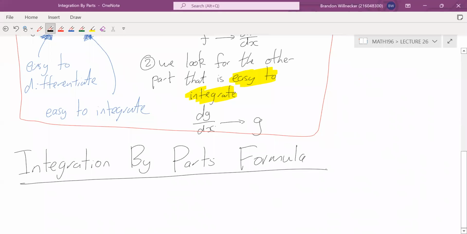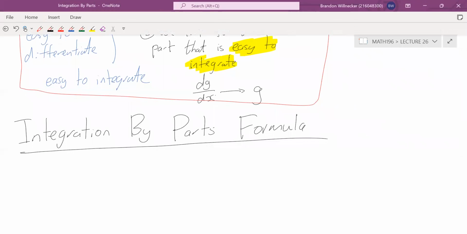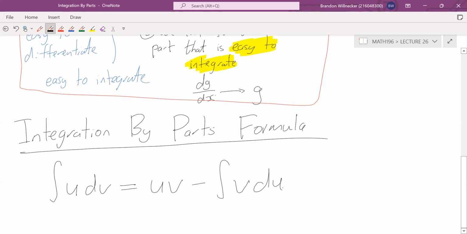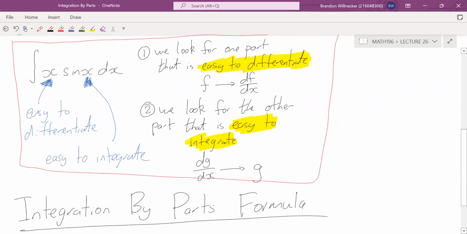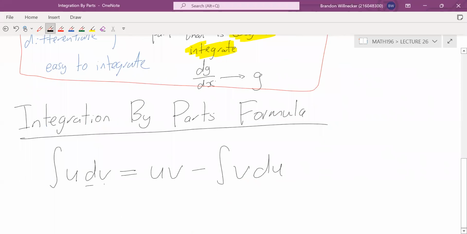Instead of dealing with f and g, we write it a bit simpler as the integral of u dv is equal to uv minus the integral of v du. This is what you will see in the notes and in YouTube videos and so on. Instead of writing dg by dx dx, we write it as dv.